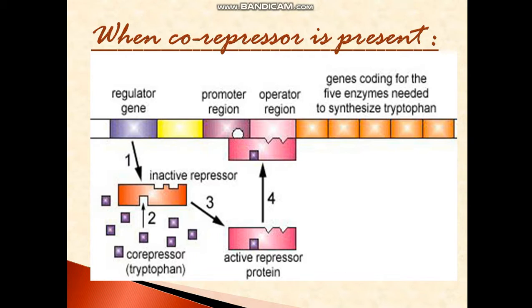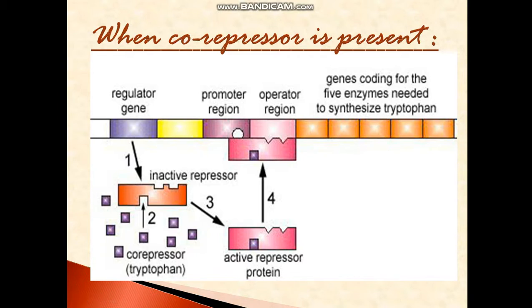So finally what will happen? Again the inactive repressor will be sitting idle, and the synthesis process will start again, because the operator will not be occupied, and the promoter region can easily be occupied by the RNA polymerase enzyme, and then the transcription process can start. So this is a sequential thing.